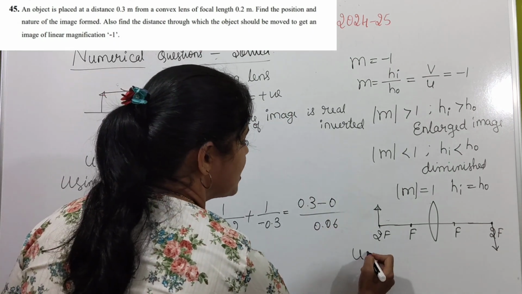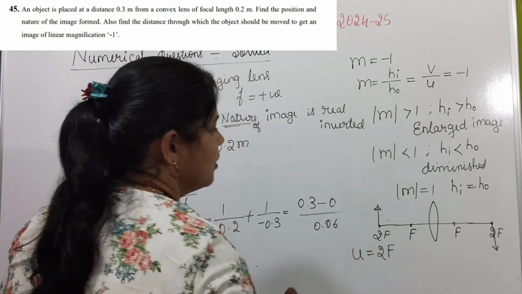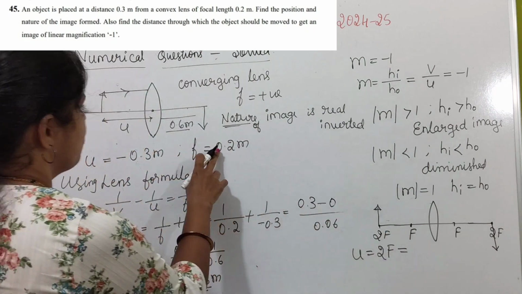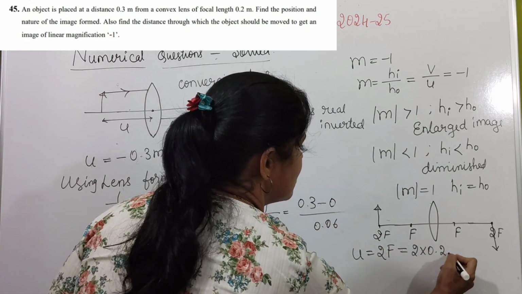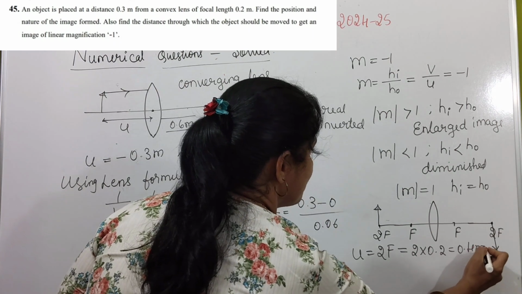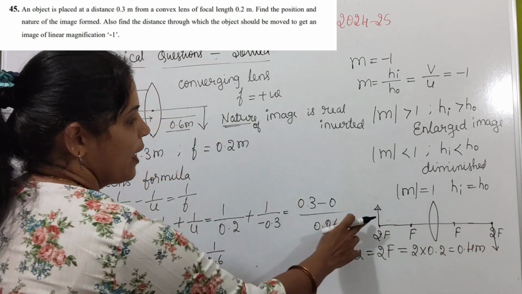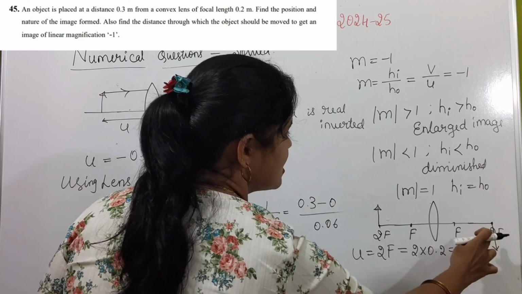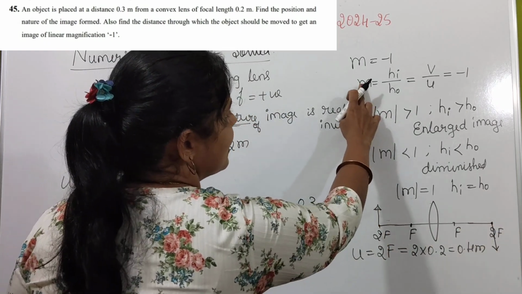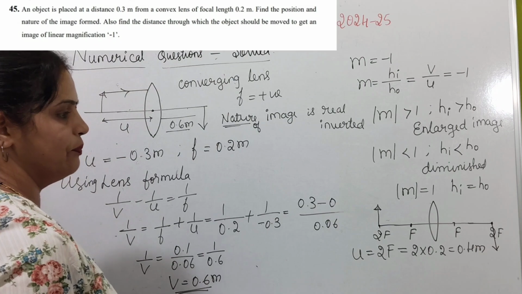The object should be at 2f. So 2 times f is 2 times 0.2, which is 0.4 meter. If I place the object at 0.4 meter, then I am going to get the image at 2f with the same size, so that magnification becomes minus 1.